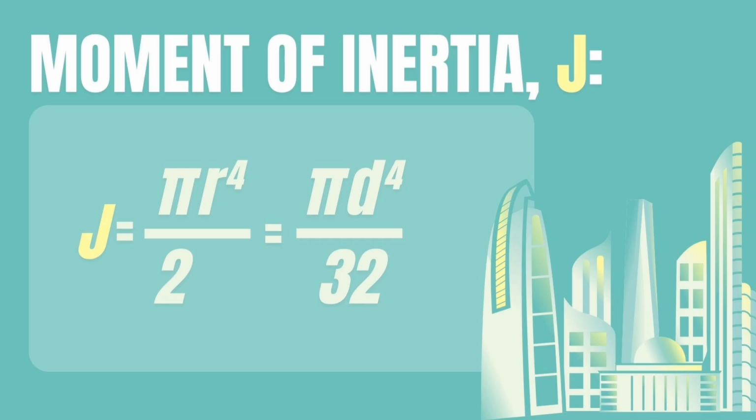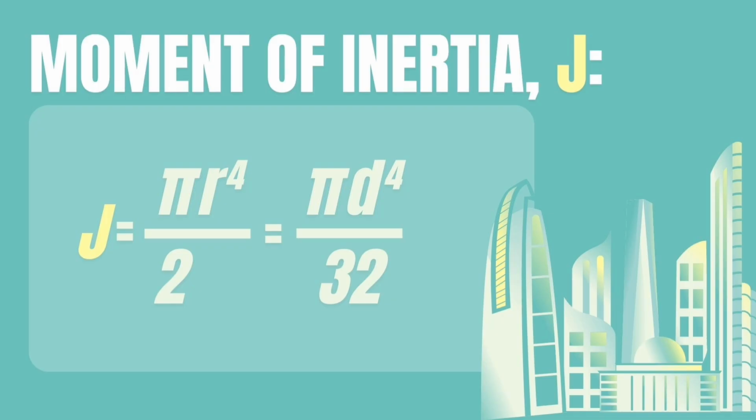The formula of polar moment of inertia is given: J is equal to pi times radius of cylinder raised to 4 over 2, equal to pi times diameter raised to 4 over 32.